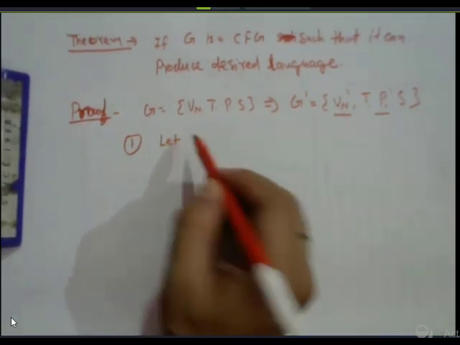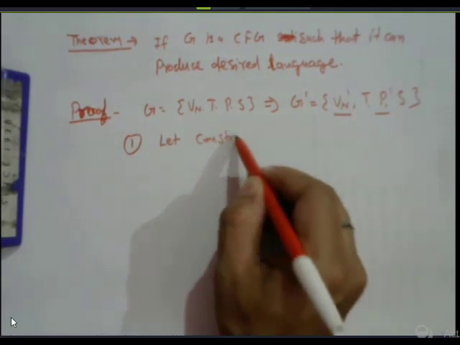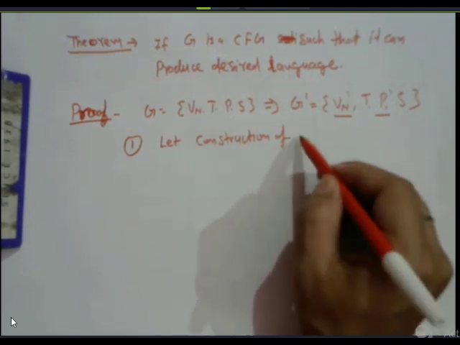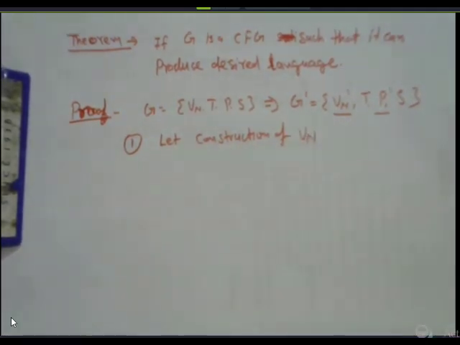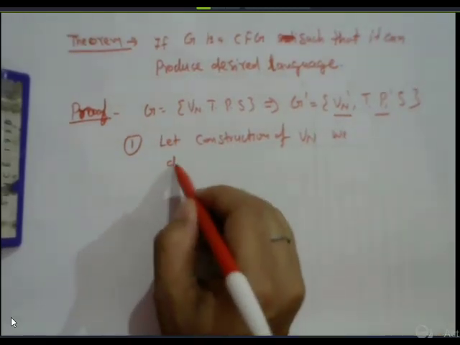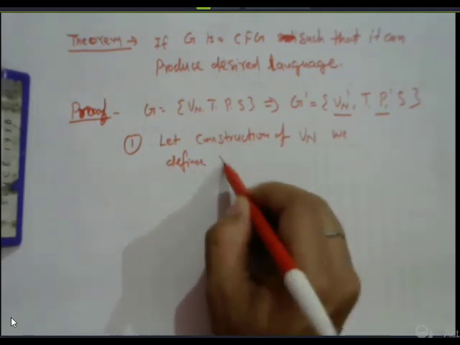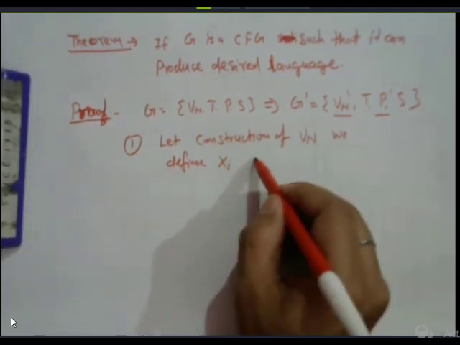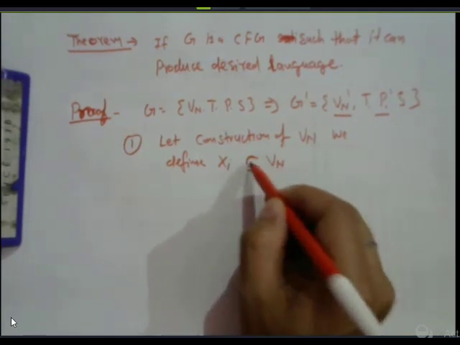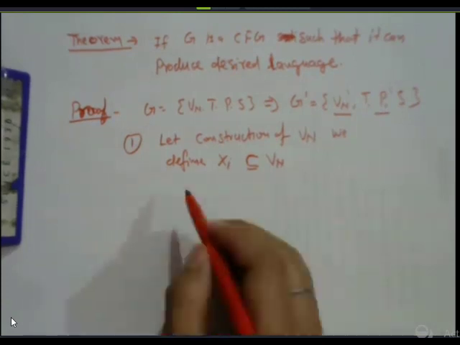Let the construction of Vn. We define Xi is a subset of Vn.